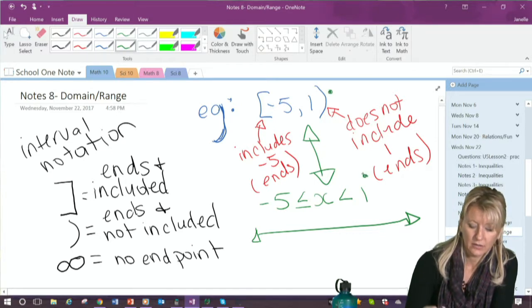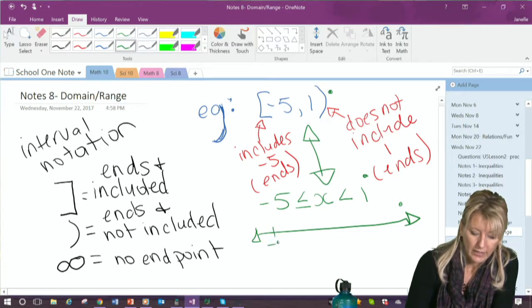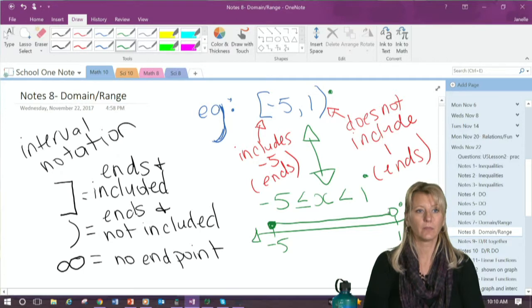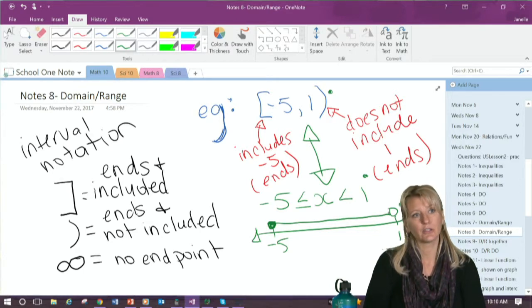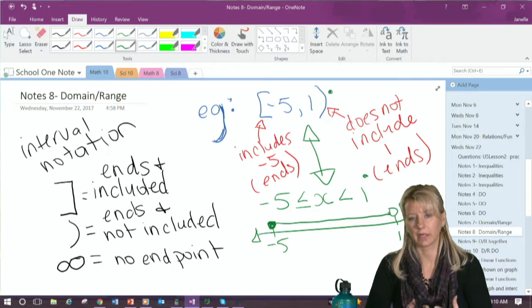This was, I think, the 4th way of showing it, and I think this was the 2nd way of showing it. So you would have -5 here, you would have 1 here, this would be a solid circle, this would be an open circle, and that would be a line between. Okay? So all interval notation is just showing a different way of relating the domain and range to somebody, okay?